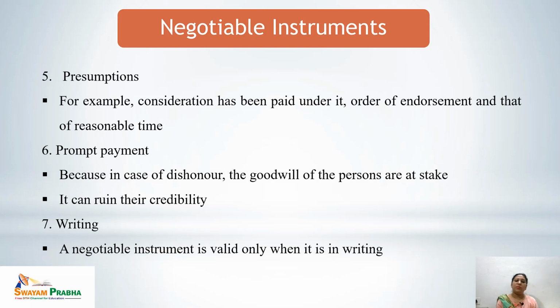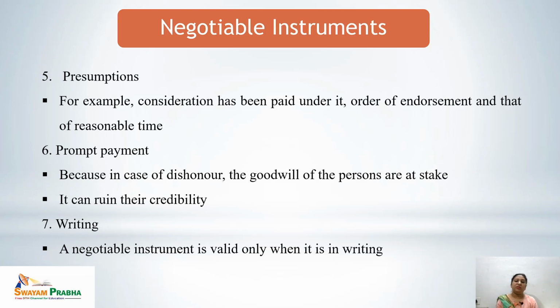Next point is prompt payment. Because in case of dishonor of the negotiable instrument, the goodwill of the persons is at stake. When the payment of the negotiable instrument is due and it is not honored, that means it is not made on the specified date, the goodwill of the person who was responsible to make the payment would be at stake.